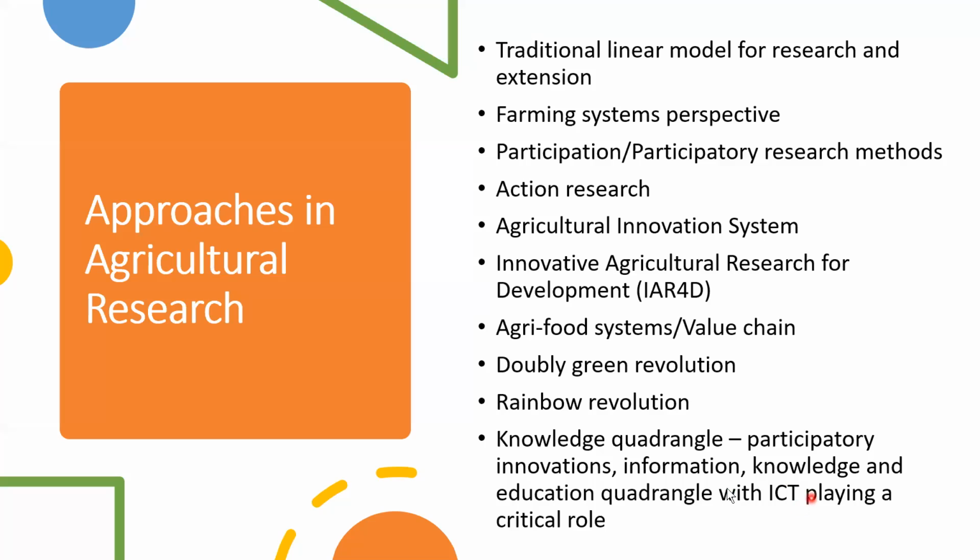ICT is information technology, the involvement of information technology to play a role in agriculture production. So these are also approaches, and the inclusion of information technology is very important nowadays.